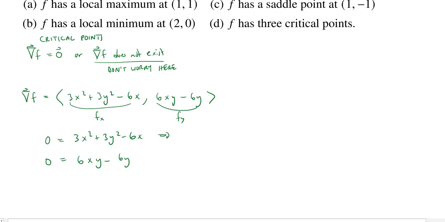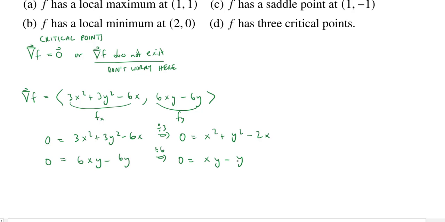Both of these we could divide just to make our lives feel a little better. In the top one, I could divide everything by 3, and I'll get 0 equals x squared plus y squared minus 2x. On the bottom, I could divide by 6 everywhere, and I'll get 0 equals xy minus y.